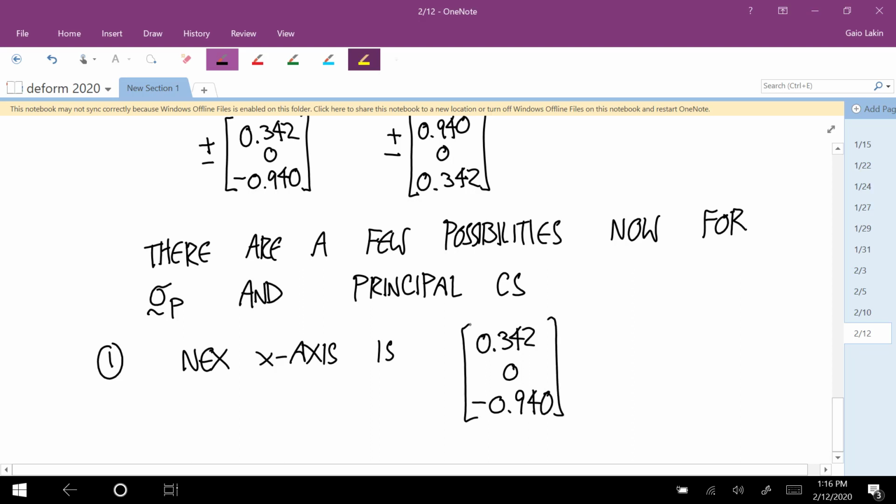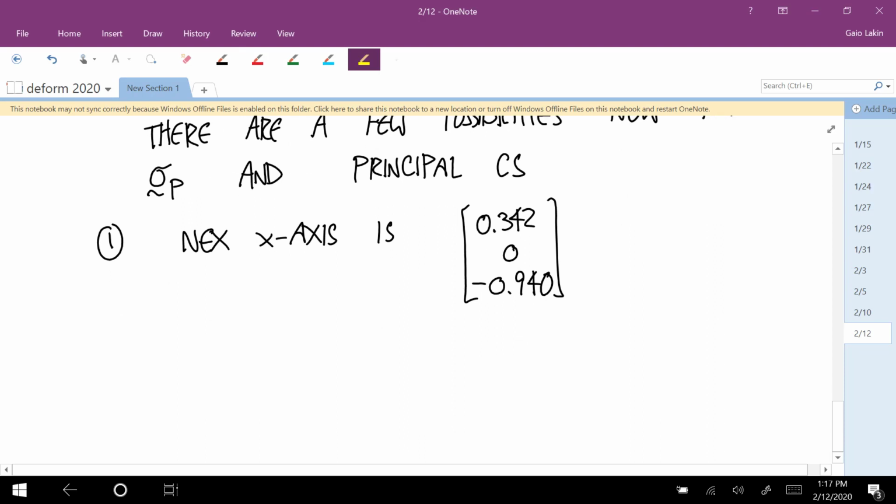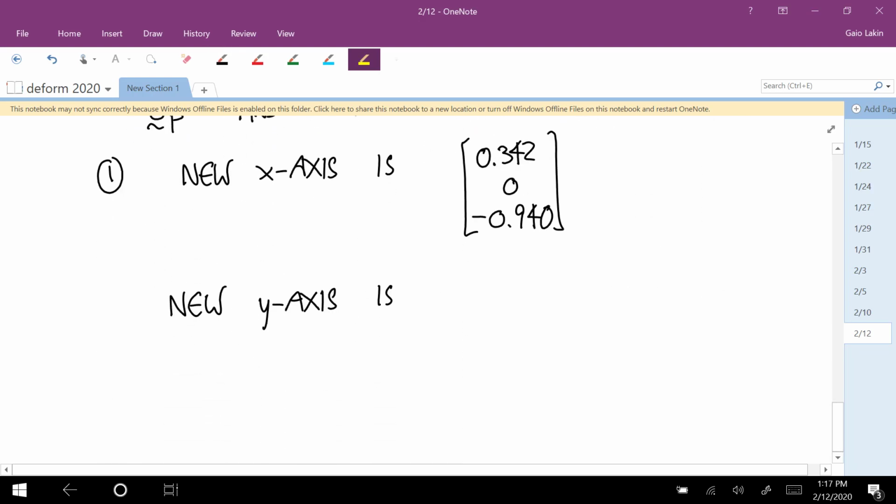Okay. And the new, this should say new, y-axis is 0.940, 0, positive 0.342.